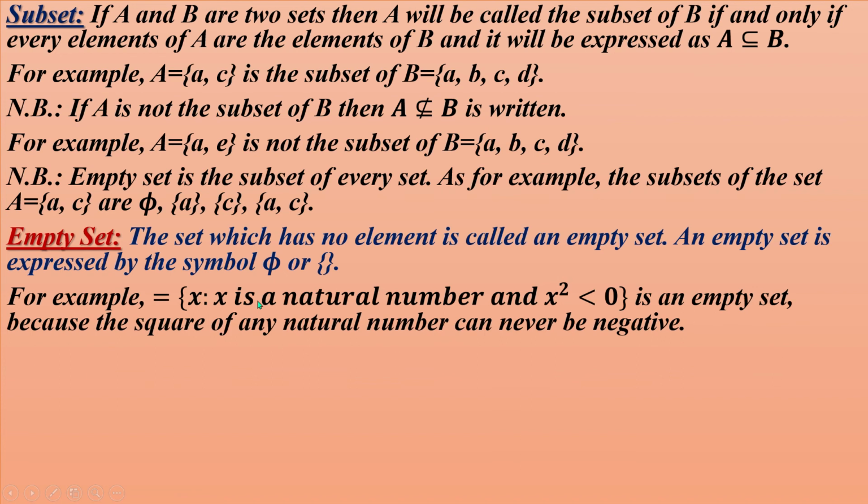For example, x such that x is a natural number and x square is less than 0. X square less than 0 means x square is a negative number, which is impossible. So this is an empty set.